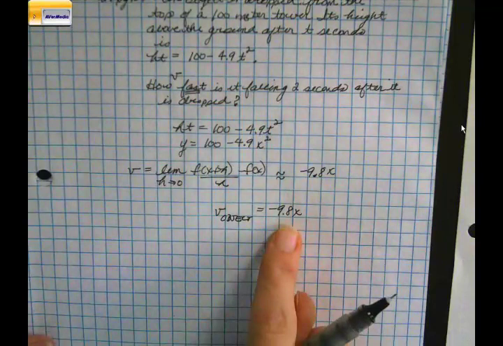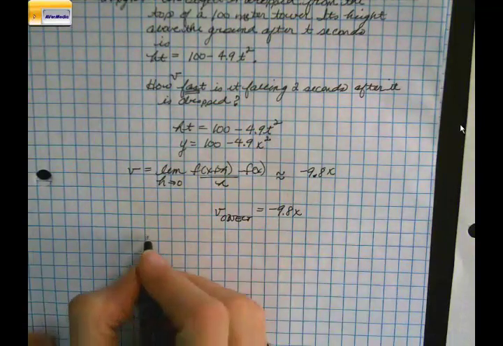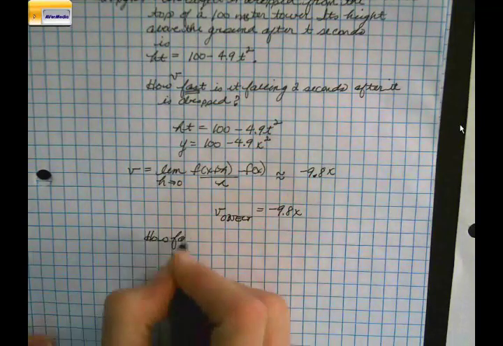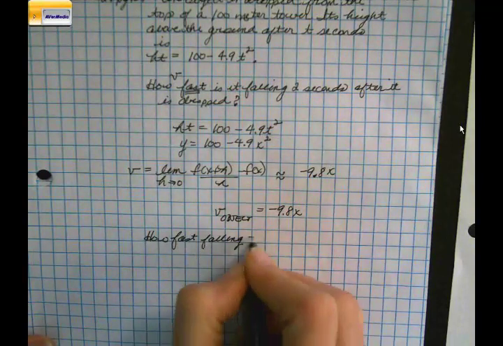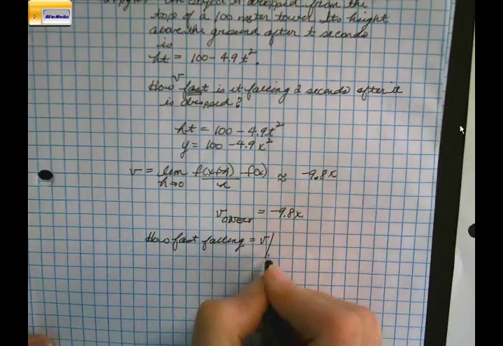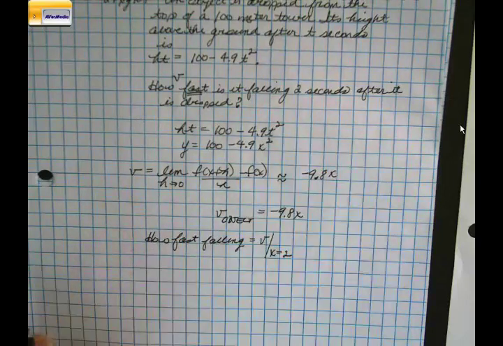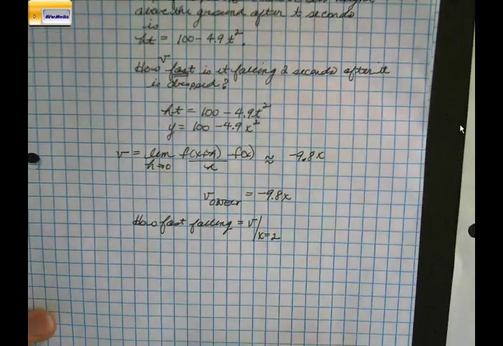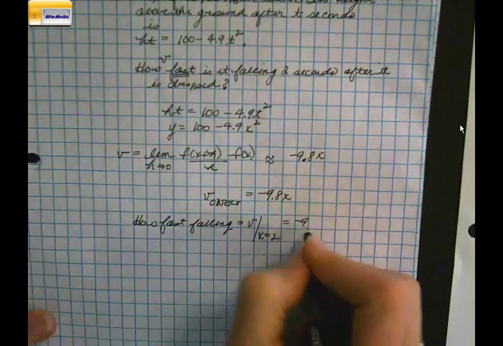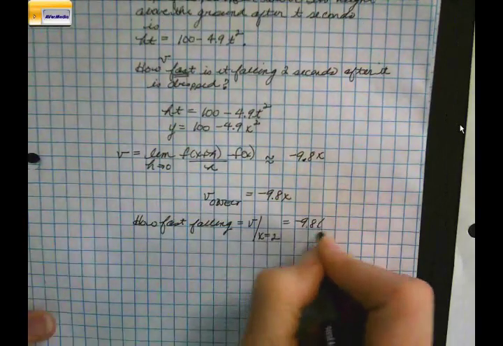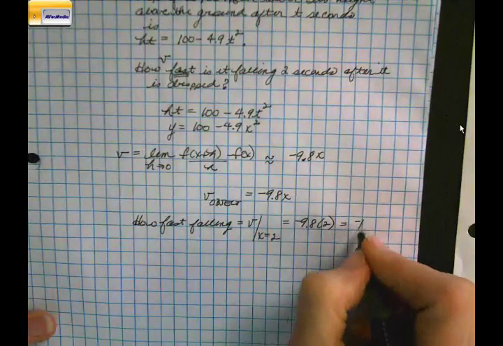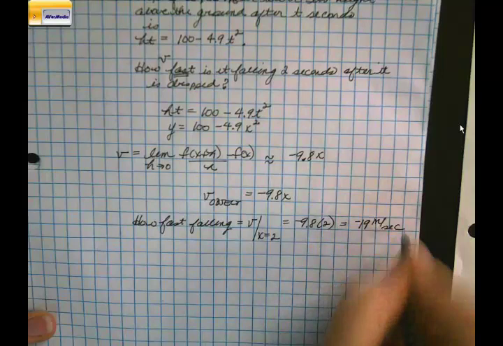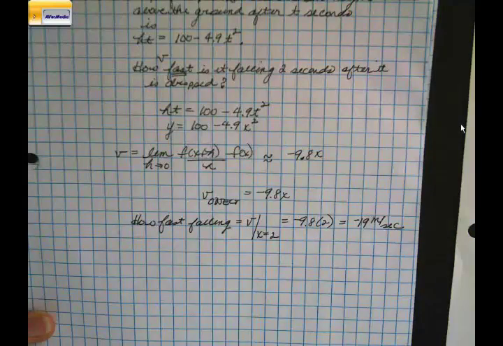So the question is asking how fast is it falling, or what is the velocity, which is the velocity after 2 seconds. So you just plug a 2 into this negative 9.8, and when you do, you're going to get a negative 19 meters per second is how fast it's falling.